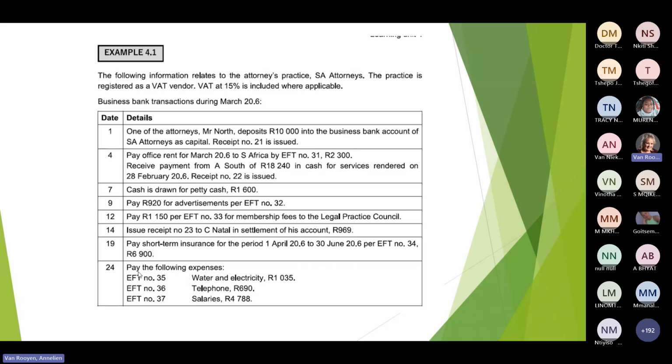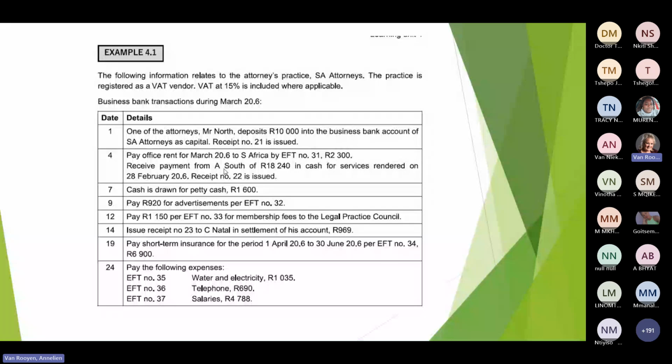We pay. So always look for words like pay, receipt, cash is drawn. Can you see the words that we use for whether it's coming in or going out? Pay office rent, receive a payment, deposits.